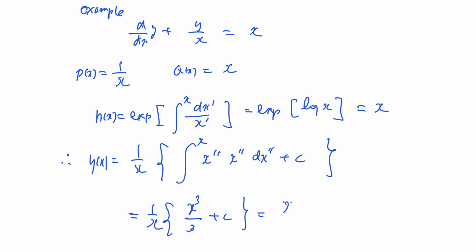So we have x squared over 3 plus c over x. That's your solution. So a first order one-dimensional ordinary differential equation is always solvable. The general second order equation is the only other thing you need to do for this semester.